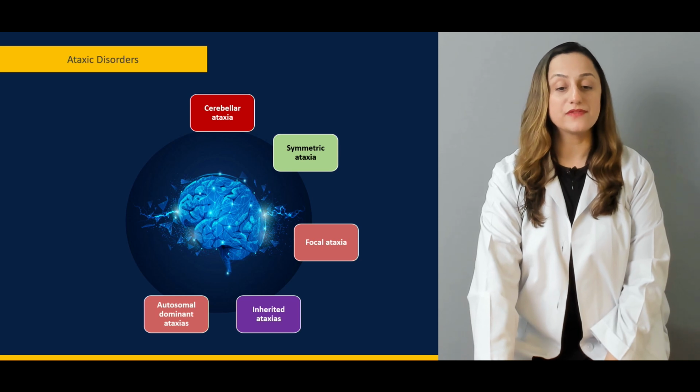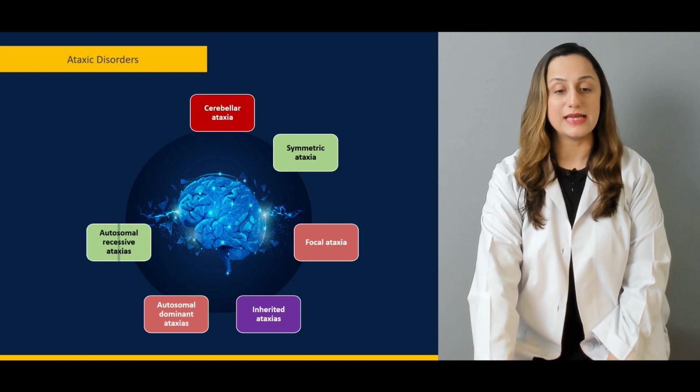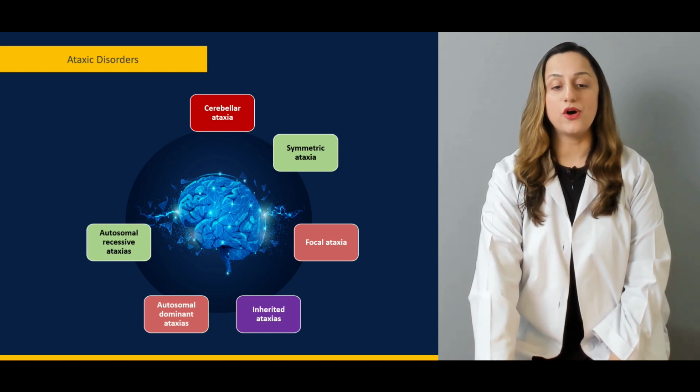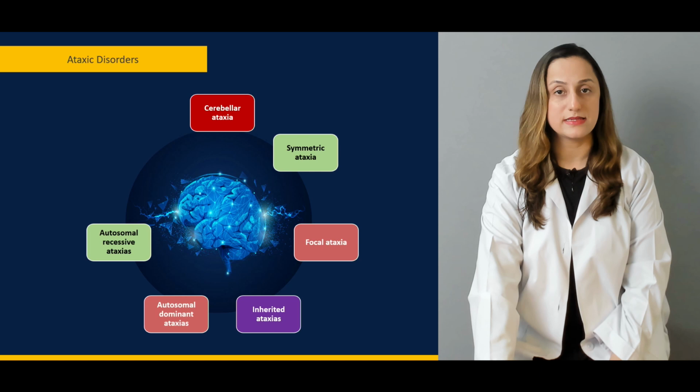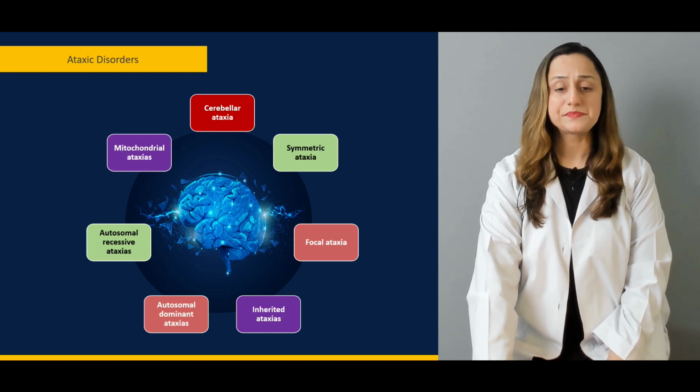Then moving on, we have the autosomal dominant ataxias. It is one of the genetic conditions out here. And then we have the autosomal recessive ataxias grouped over here as well. And then we have a group which is known as the mitochondrial ataxias.